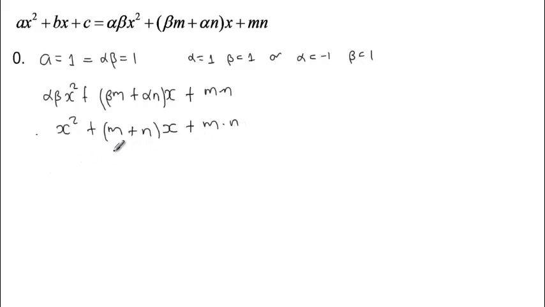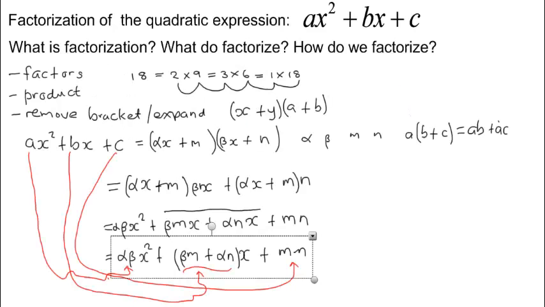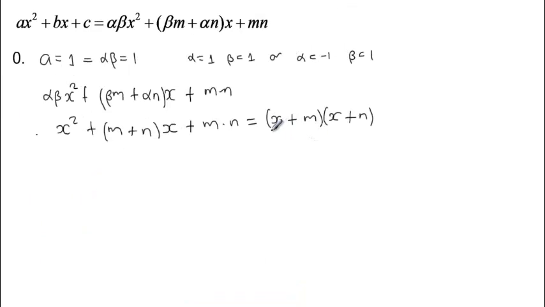Now, if we look at the factors, this will come out to be x plus m multiplied by x plus n. That is, looking at the factors here, alpha is 1, beta is 1, then immediately we see that we get this kind of factorization.